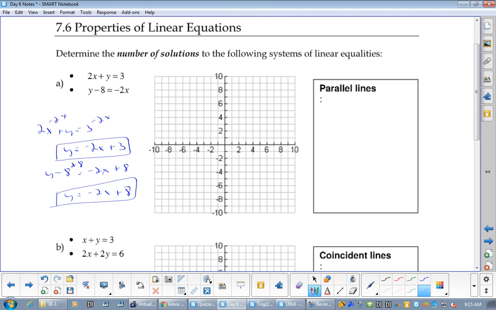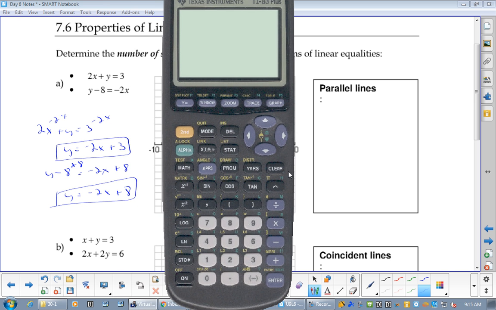Okay, now if I get my second best friend out here and I put in negative 2x plus 3 and negative 2x plus 8, I get that.